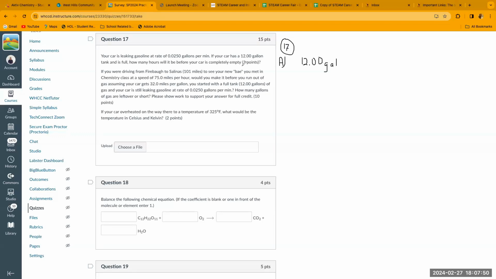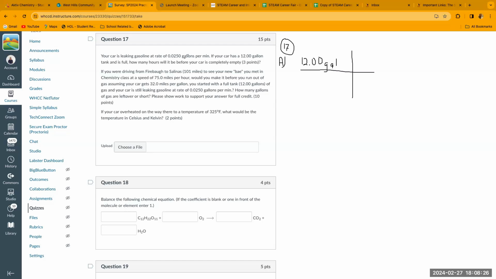Okay. And we want time, right? So how can I go from gallons to a unit of time? What am I going to use? So my rate, what are the units for my rate? It's gallons per minute. That's right. So I have gallons.